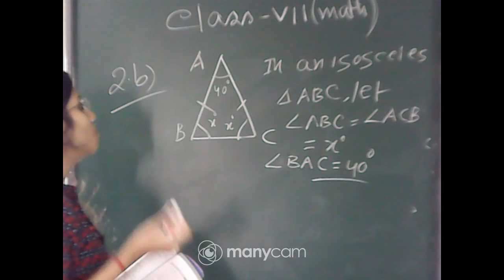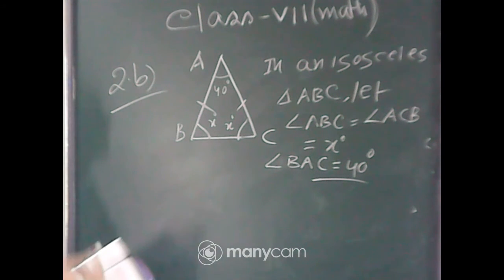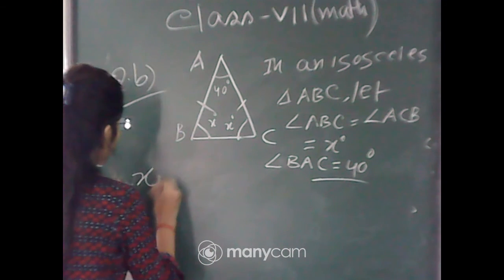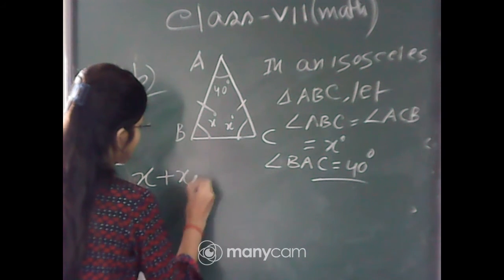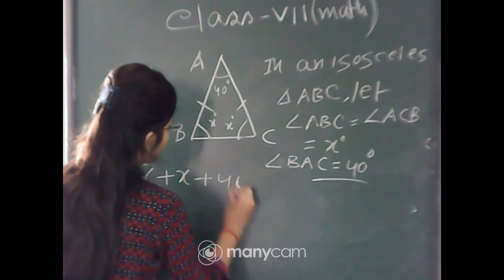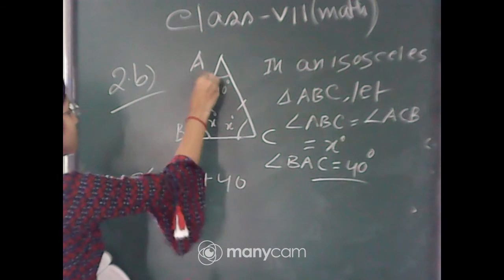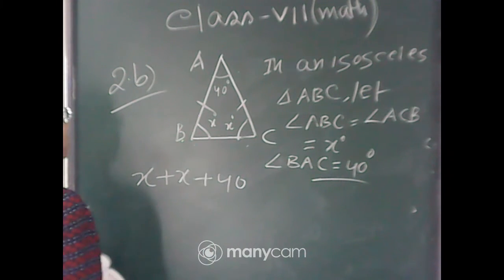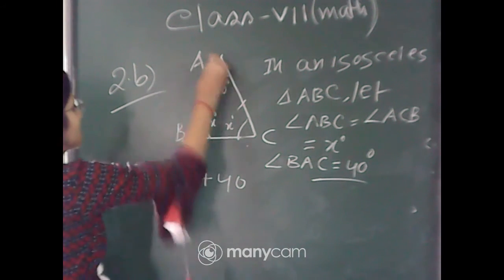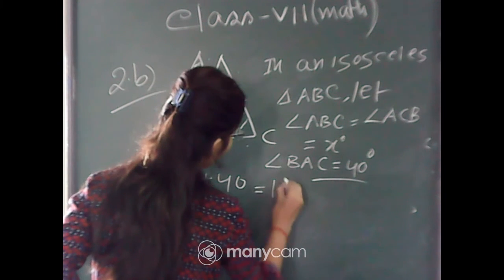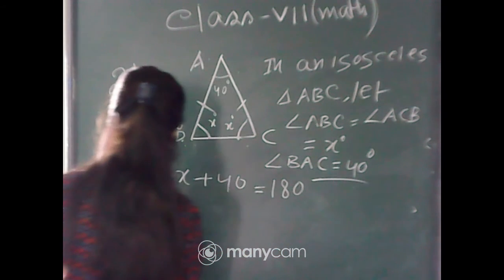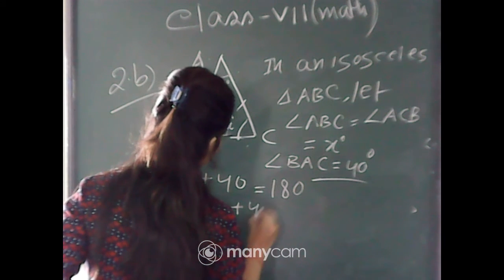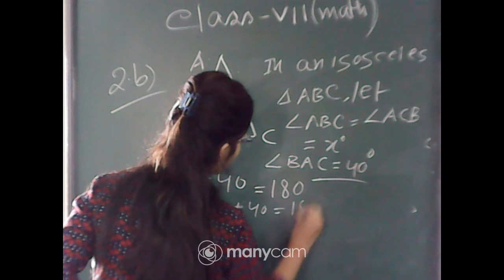Since the sum of three angles of a triangle is 180 degree, the required equation is angle ABC plus angle ACB plus angle BAC is equal to 180, or 2x plus 40 is equal to 180.